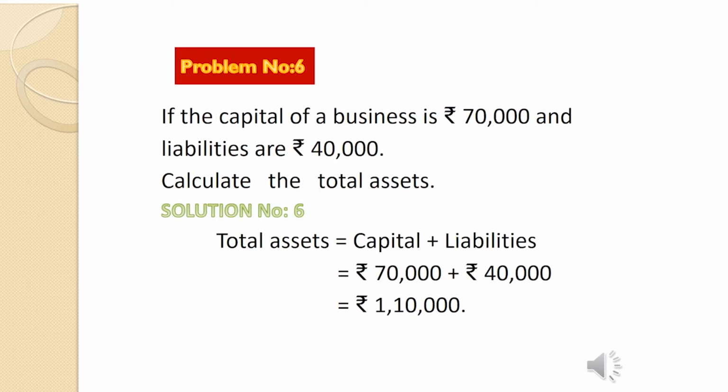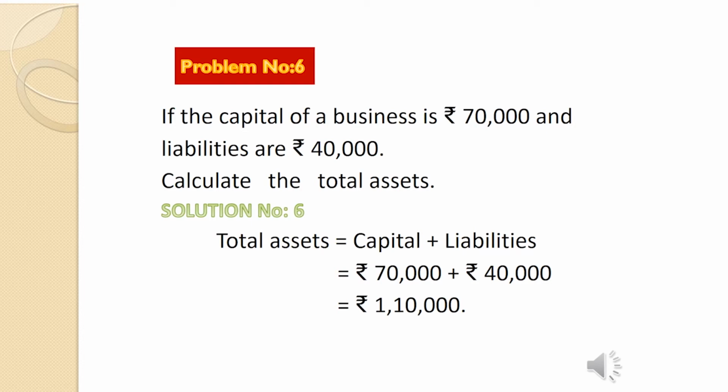The next one, here also they ask to calculate the total assets. If the capital of your business is rupees 70,000 and liability is rupees 40,000, calculate the total assets. Now you have to apply the equation. Total assets is equal to capital plus liabilities.